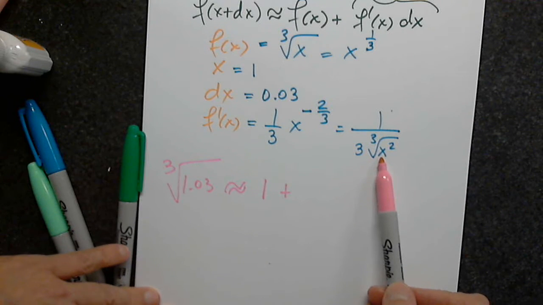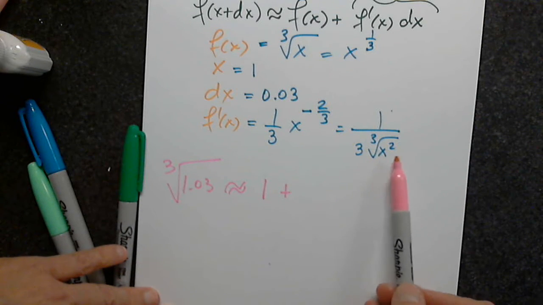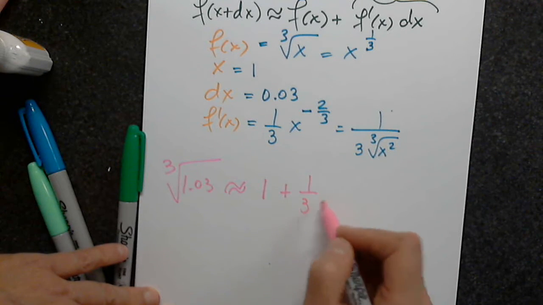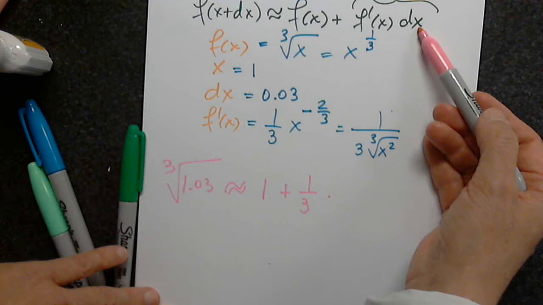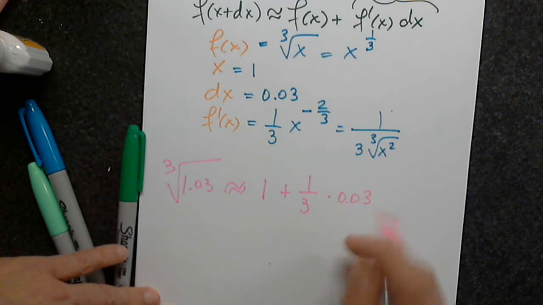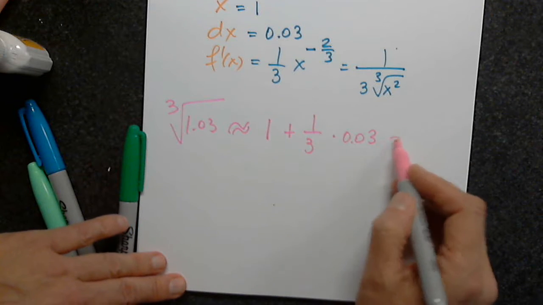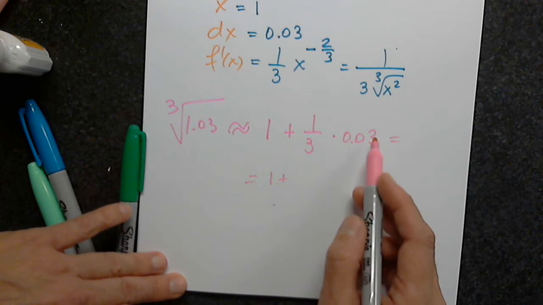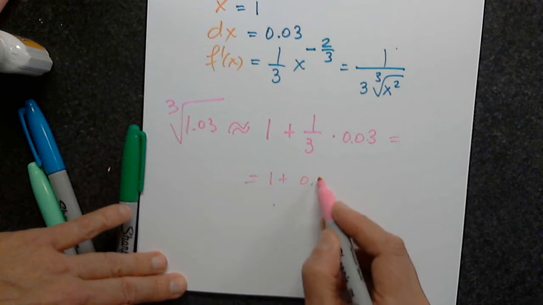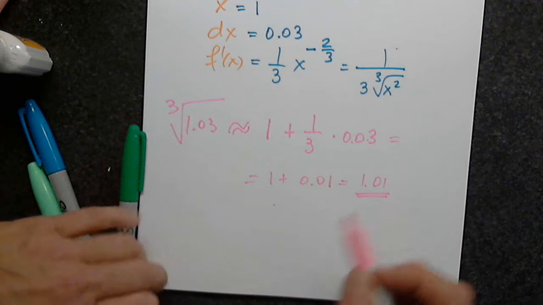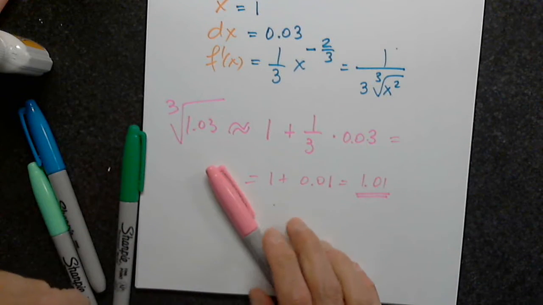What do I have? Yes, awesome. 1/3. Times dx. How much is dx? That's it. So this is nothing else but 1 plus, when I simplify by 3, I get 0.01. Would you have imagined to get the cube root?